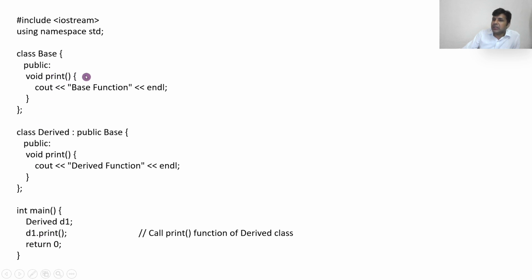It will print the base class. But when I write print again in the derived class, the same function is used multiple times. Now the base class is overridden by the derived class and it will print the derived function. Suppose you don't write this one, it will print the base function.